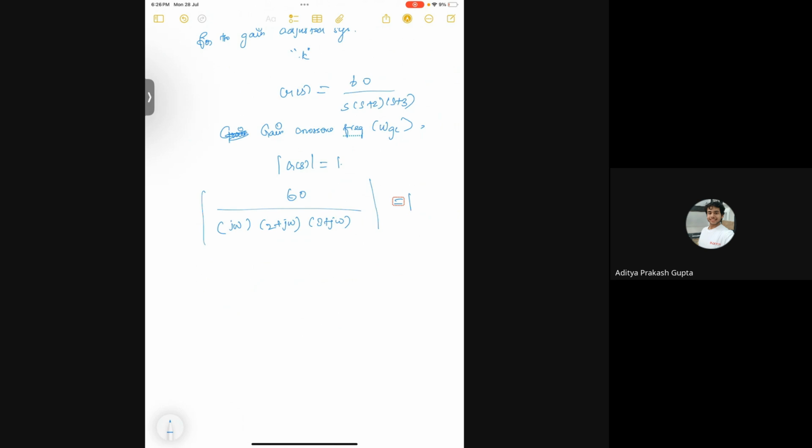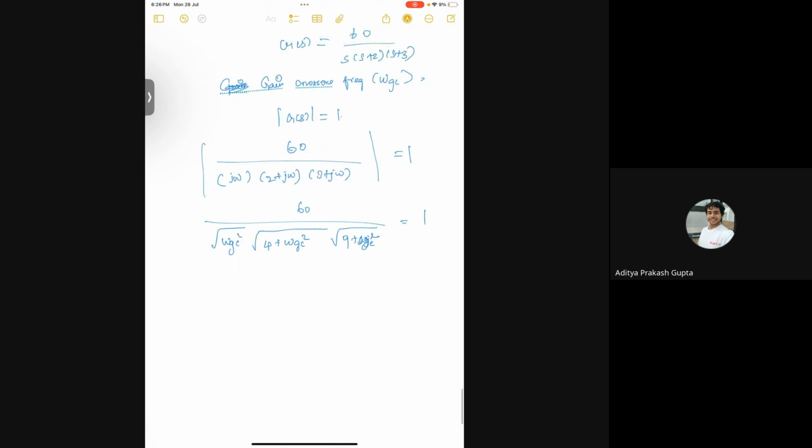So instead of omega, I'm going to substitute omega GC, since we are trying to find omega GC. So this will become omega GC times square root of 4 plus omega GC square, times square root of 9 plus omega GC square, equal to 60 in the numerator.